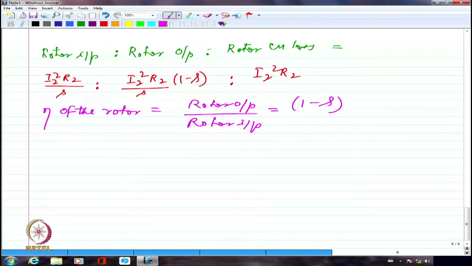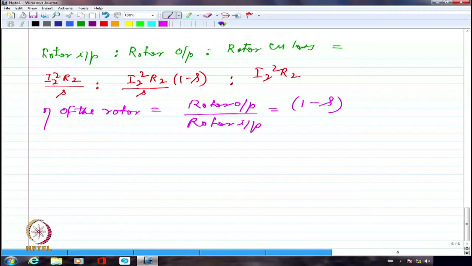If I have the induction motor, let us say 1500 RPM is my normal synchronous speed. If it is working at 1470 RPM, 30 divided by 1500 is going to be my slip, which is actually 0.02. So if 0.02 is the slip, I am going to have the efficiency to be 98%.